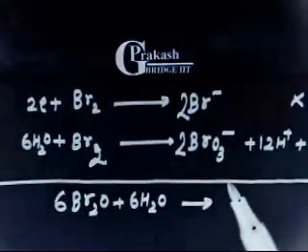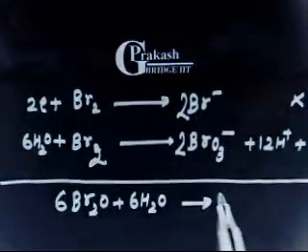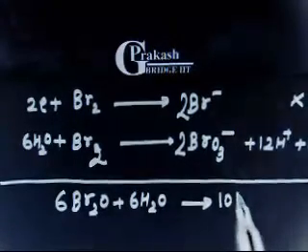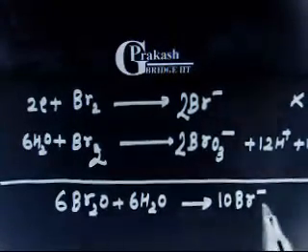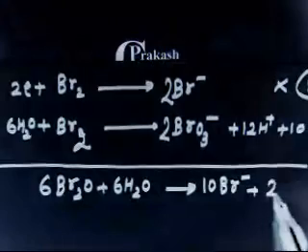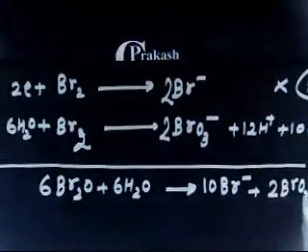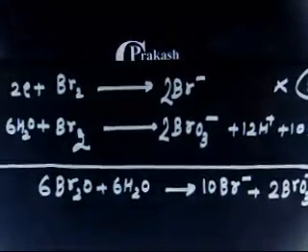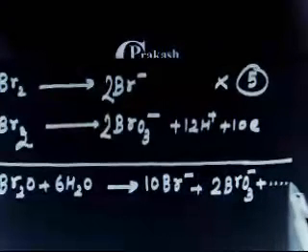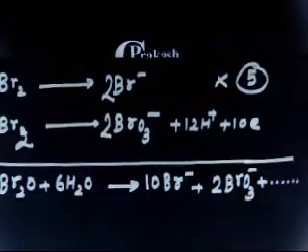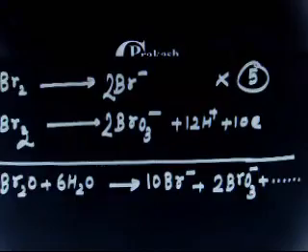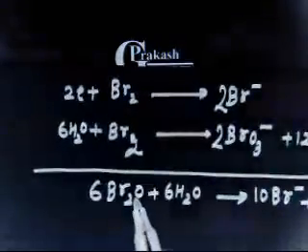Now this side we will have 10 Br minus and plus 2 BrO3 minus, and the rest of the species I am not going to write. Now this is Br2, not BrO, so this is simply Br2.